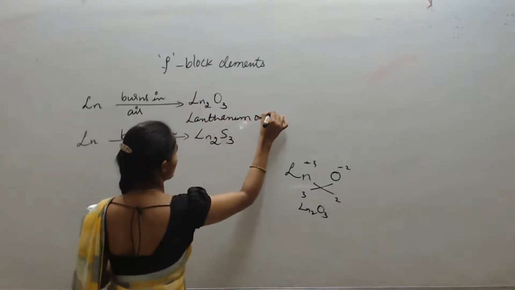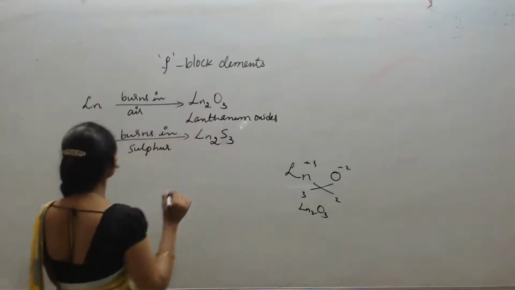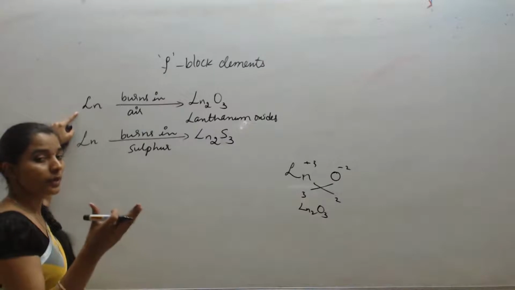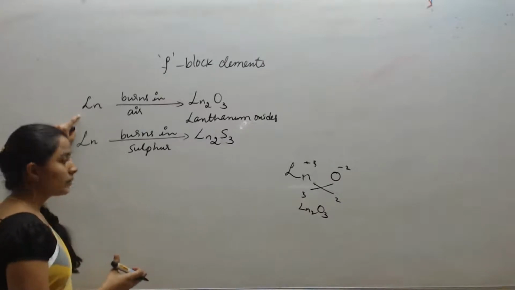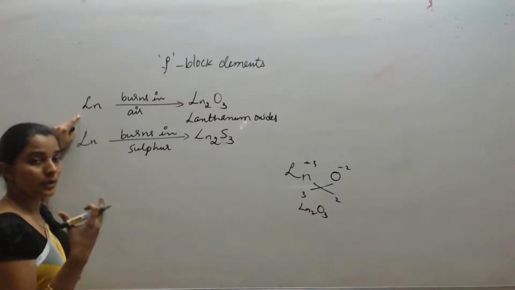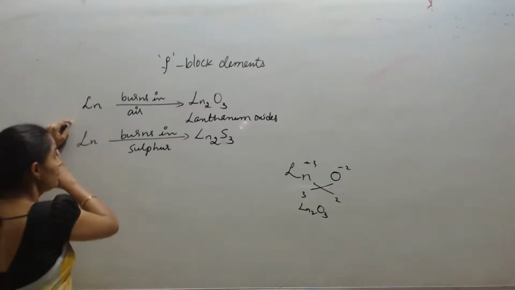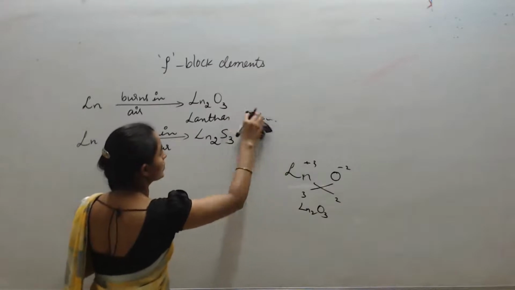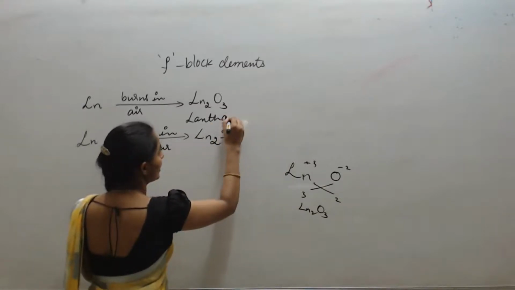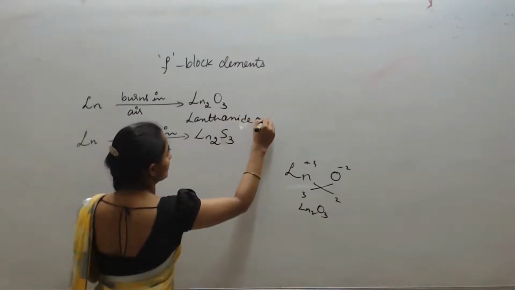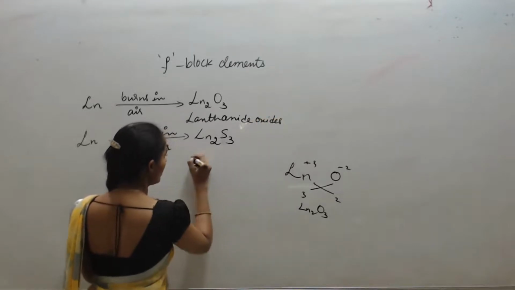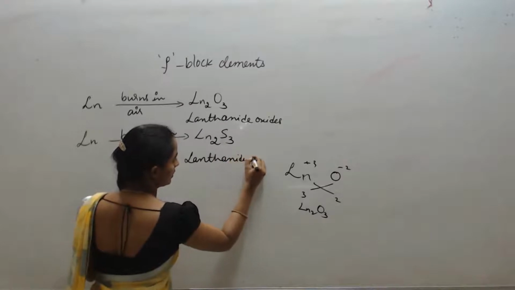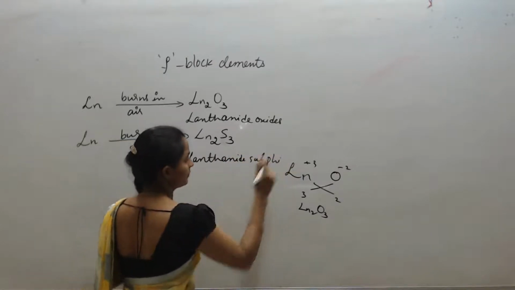So students, it is not only lanthanum, it applies to the complete F-block. It may be cerium, promethium, neodymium, whatever it may be, the complete lanthanides. You write it here as lanthanide oxides and lanthanide sulfides.